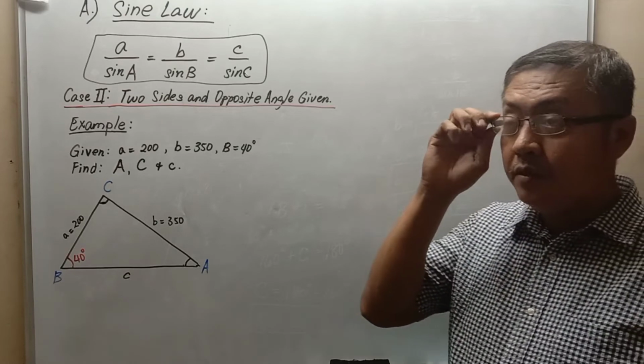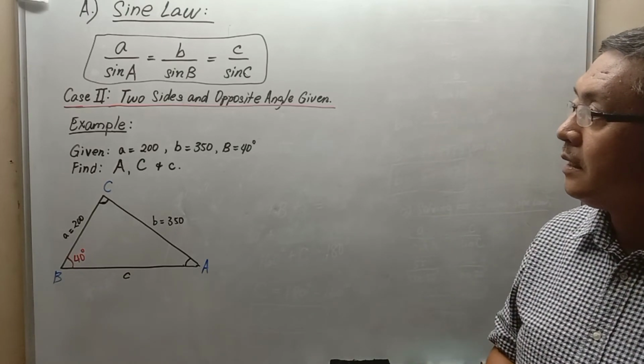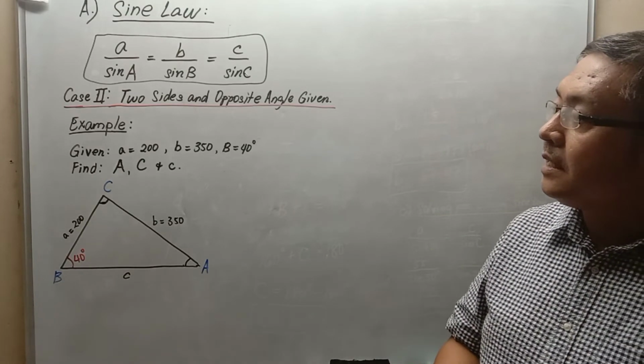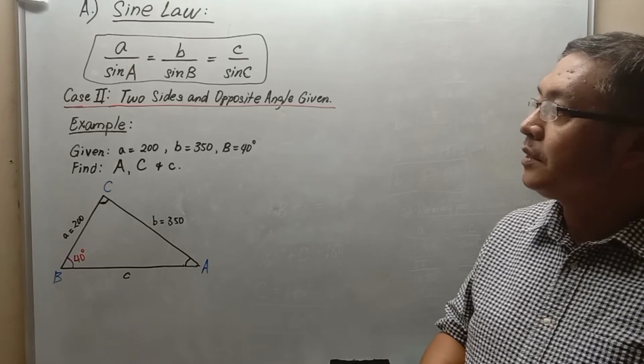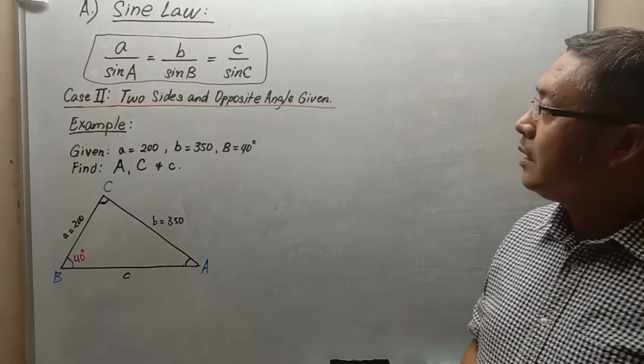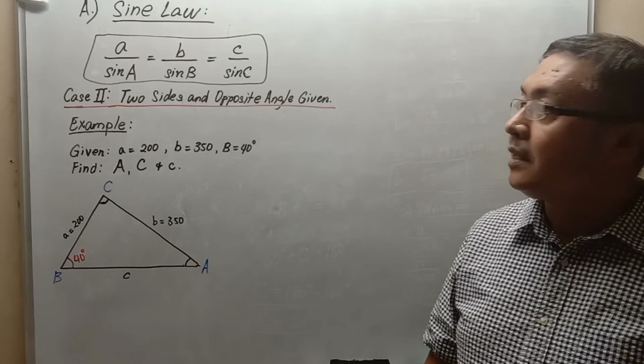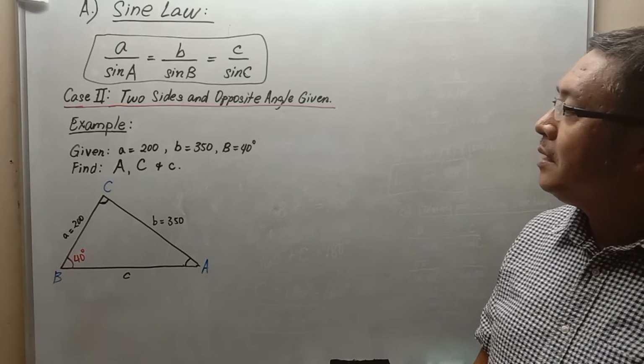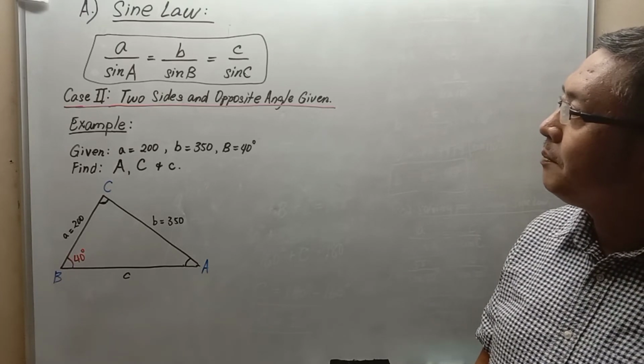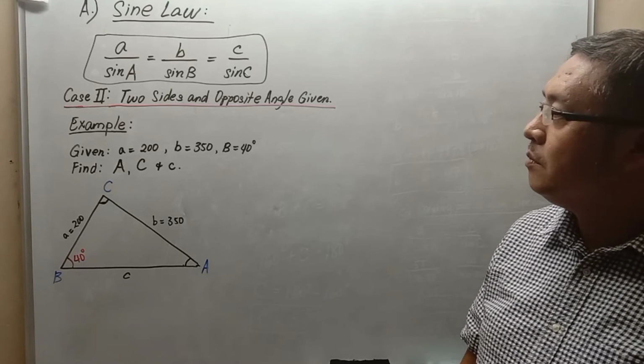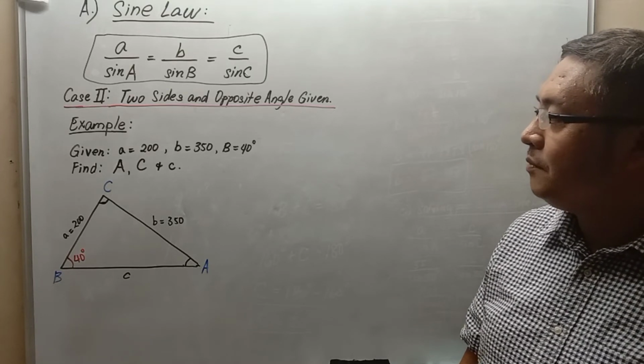Hi guys, we're back. As I said earlier, I am giving you the second part, or second condition, case 2, for oblique triangle problems, where we can apply the sine law equation to solve some unknown values.